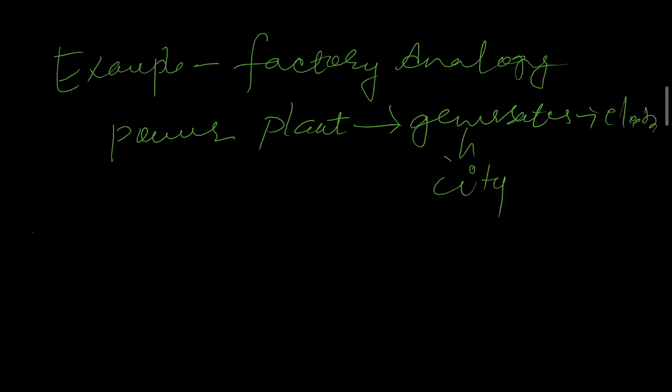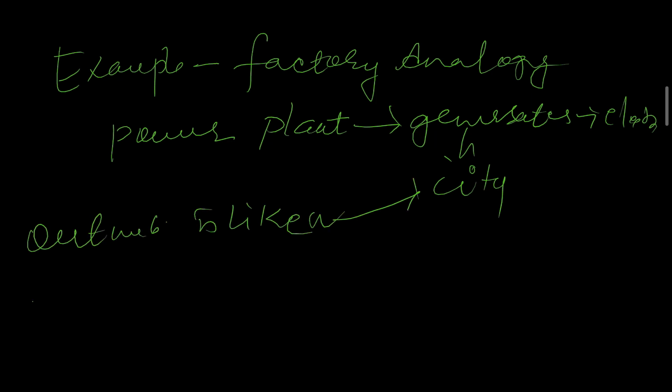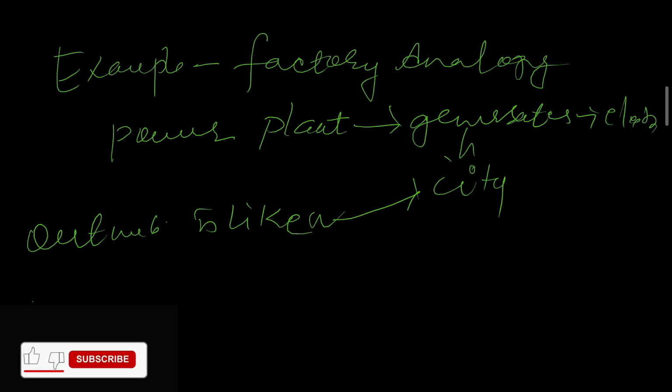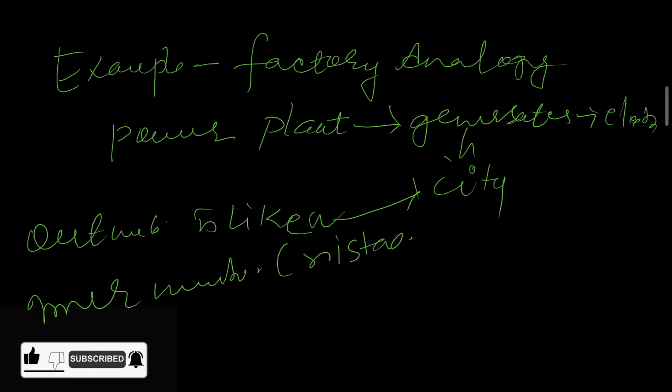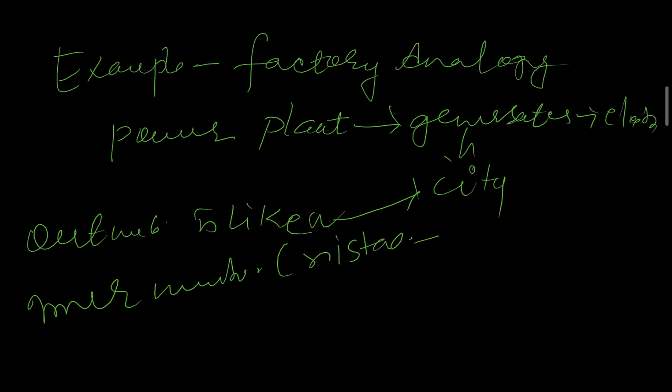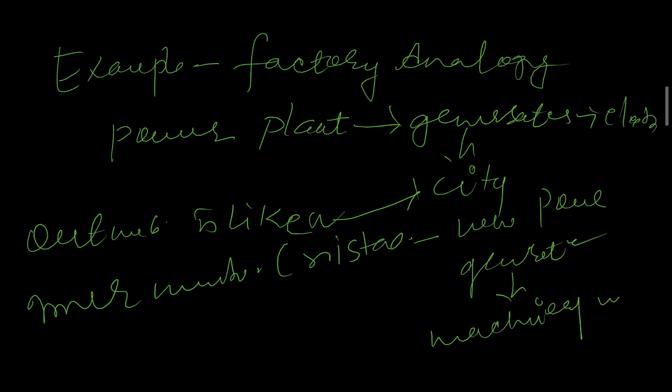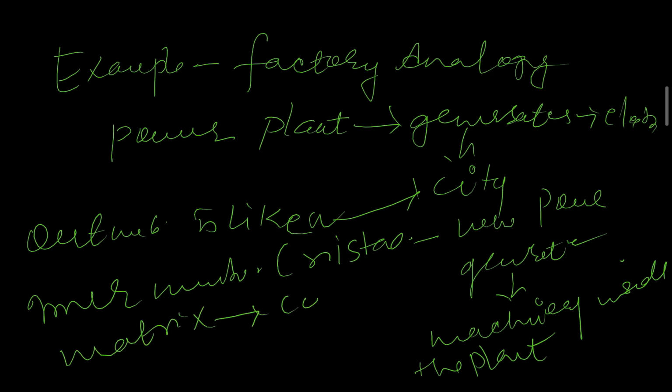The outer membrane is like the city gates, allowing materials to enter, and the inner membrane, that is the cristae, is where power is generated, similar to the machinery inside the plant. The matrix is like a control room, managing ATP production.